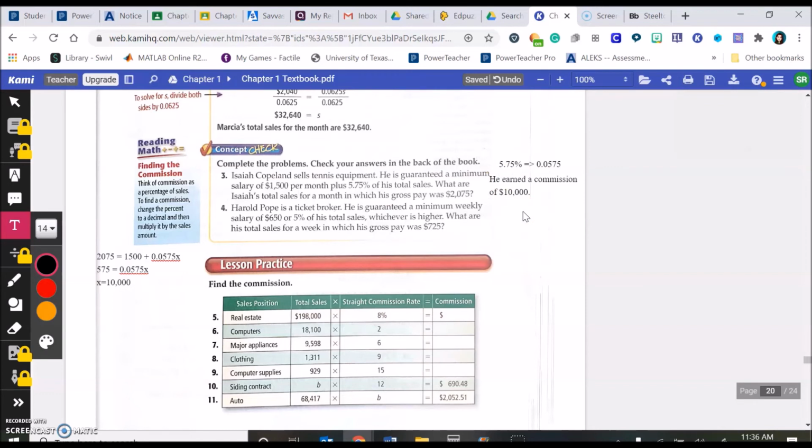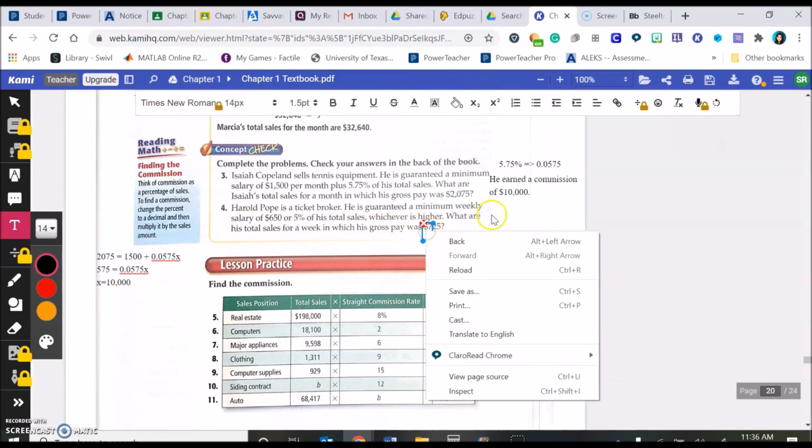For number 4, Harold Pope is a ticket broker. He is guaranteed a minimum weekly salary of $650 or 5% of his total sales, whichever is higher. What are his total sales for a week in which his gross pay was $725?